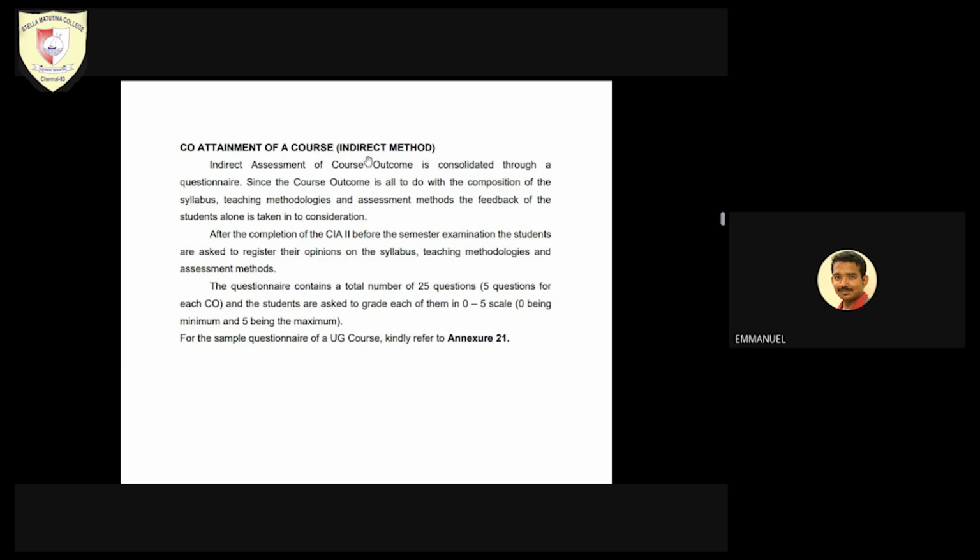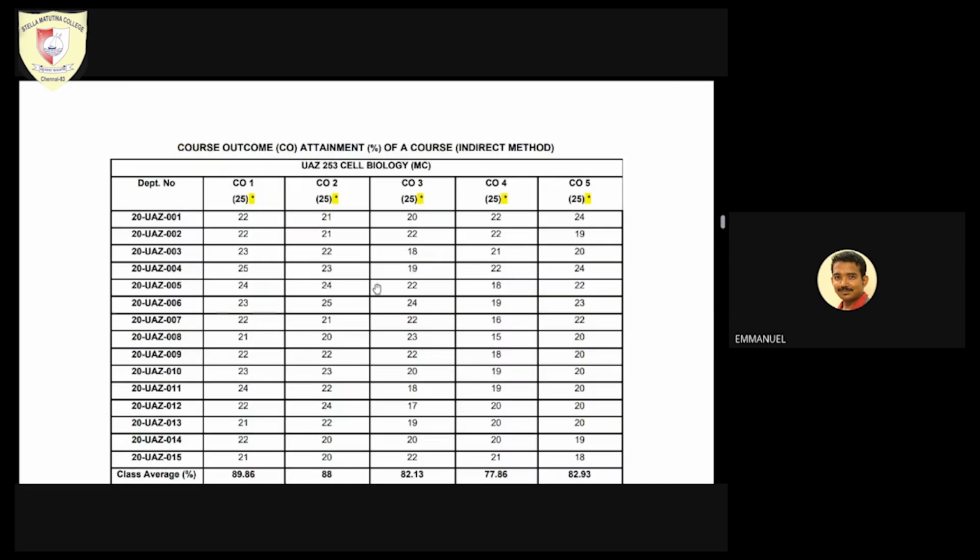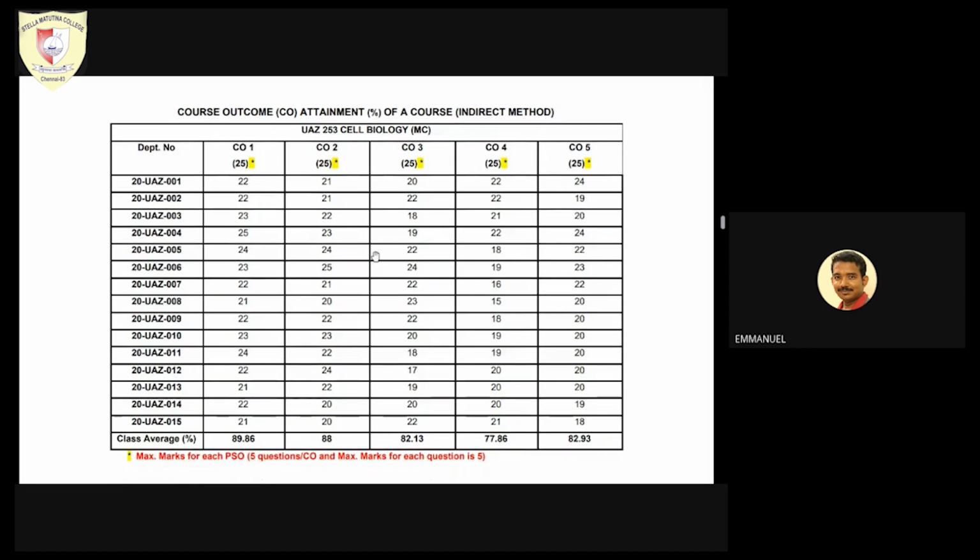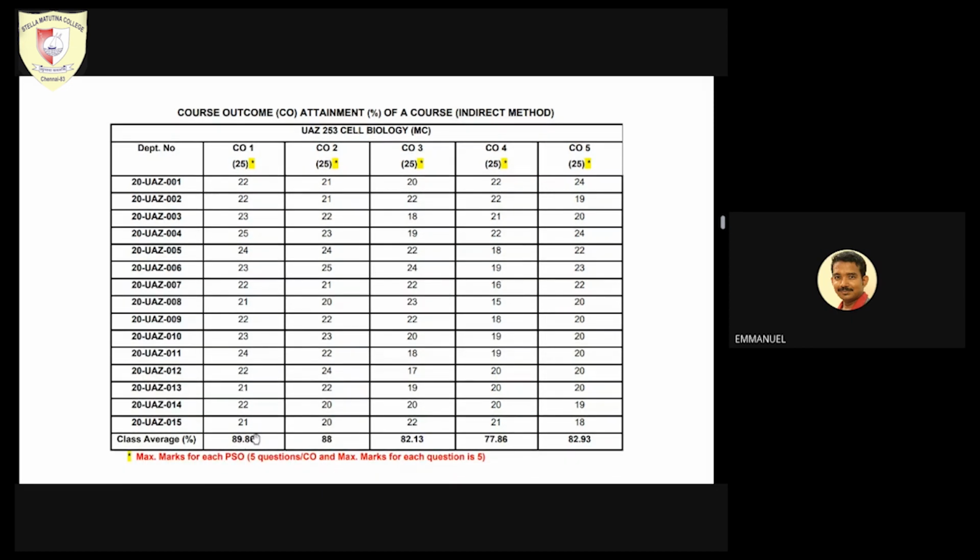They had suggested 25 questions, and a scale level has been given. Usually a feedback form will have a scale of 0 to 5, and accordingly the points are taken into account and converted into an average percentage.